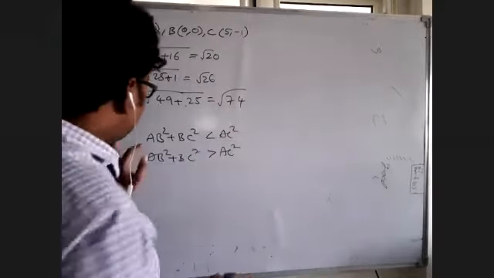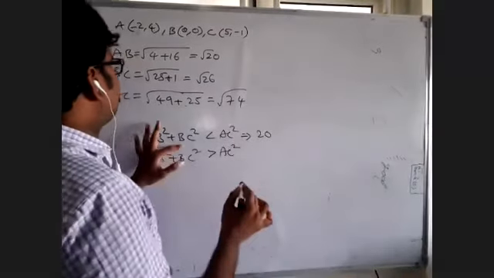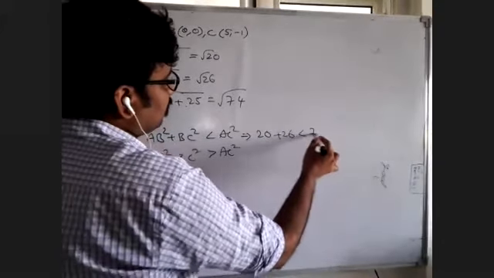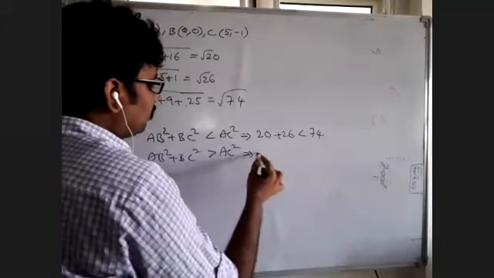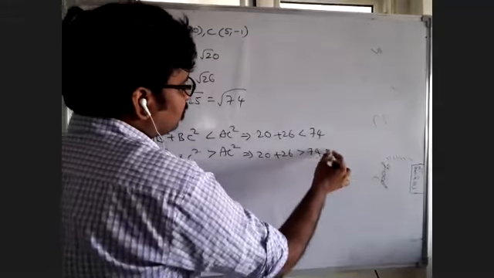Now check here: AB square 20 plus BC square 26 is less than AC square 74. AB square 20 plus 26 greater than 74 is wrong. 46 is less than 74. This is right.